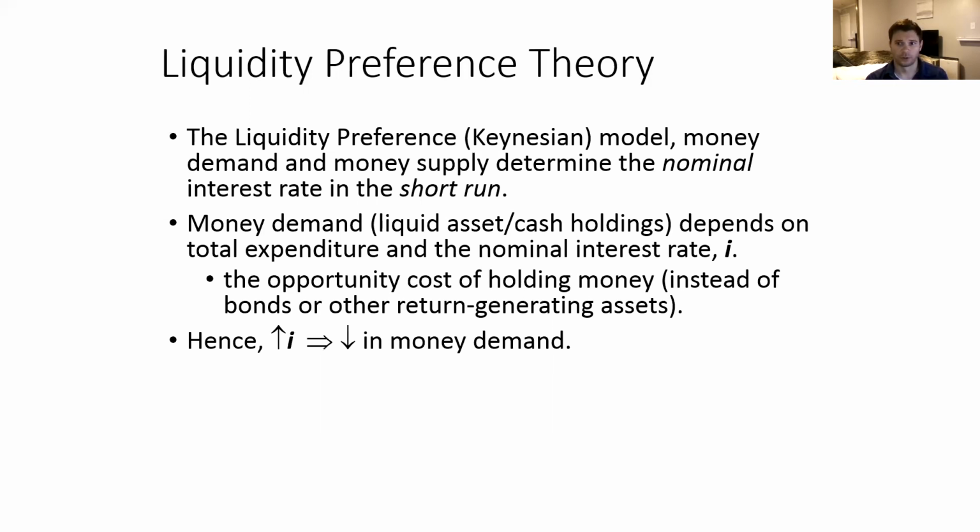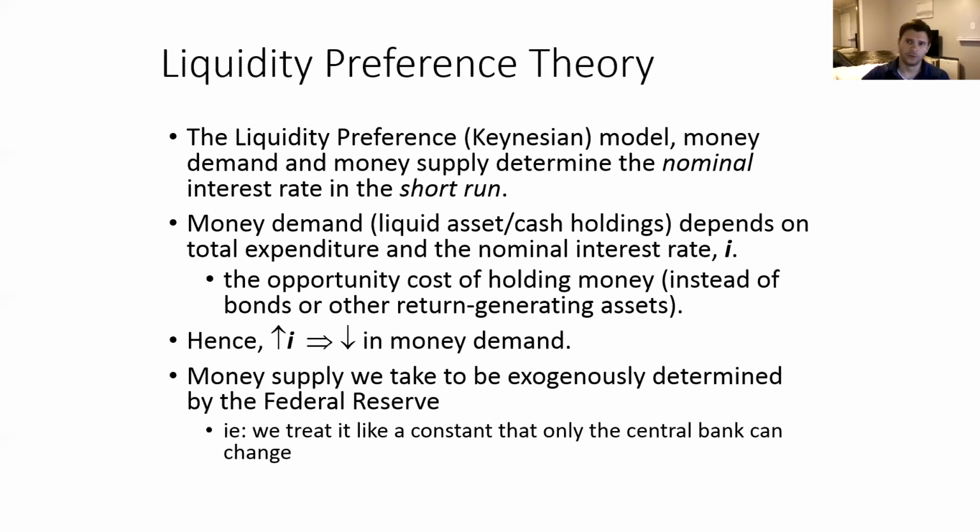In order to negotiate this trade-off, this is how individuals determine the amount of dollars that they want to hold as cash. So we're going to assume here that the money demand curve is inversely related to the nominal interest rate i. And the money supply curve, we are going to treat as exogenously fixed by the central bank. So it's a constant that the central bank chooses.